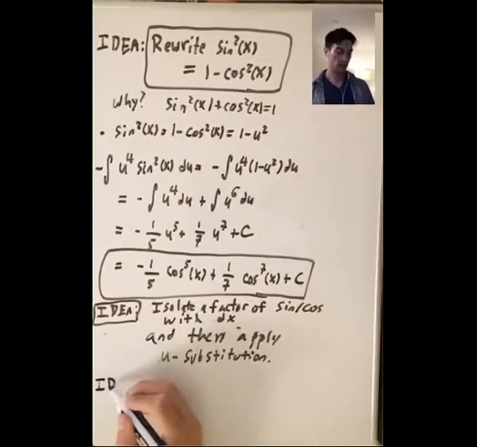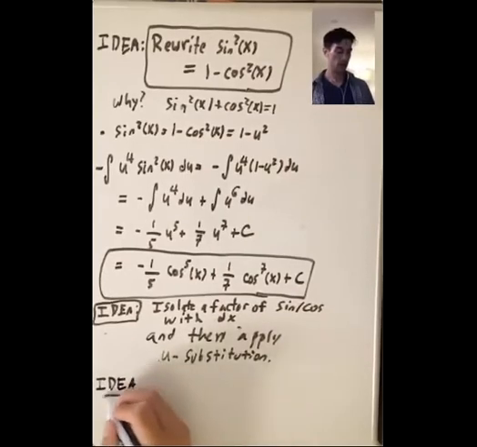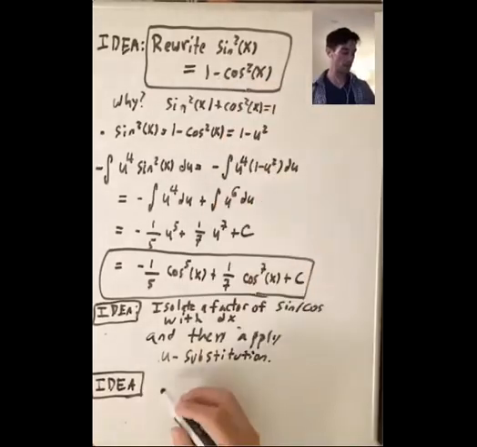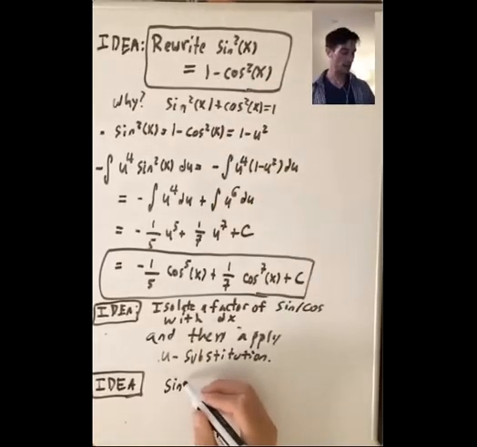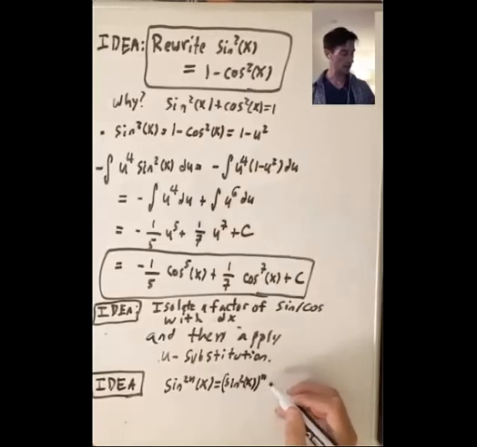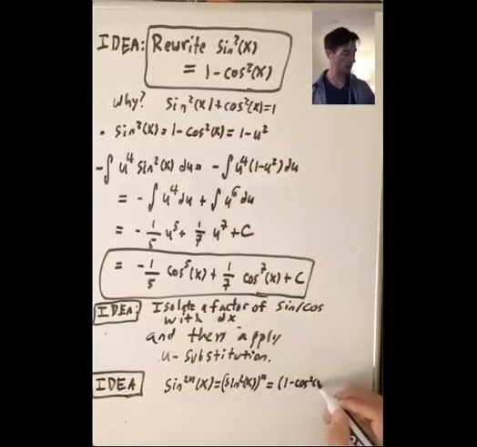Well, if you can rewrite sine squared as 1 minus cosine squared, then sine to the 2nth power is sine squared x to the nth power, which is 1 minus cosine squared x to the nth power.